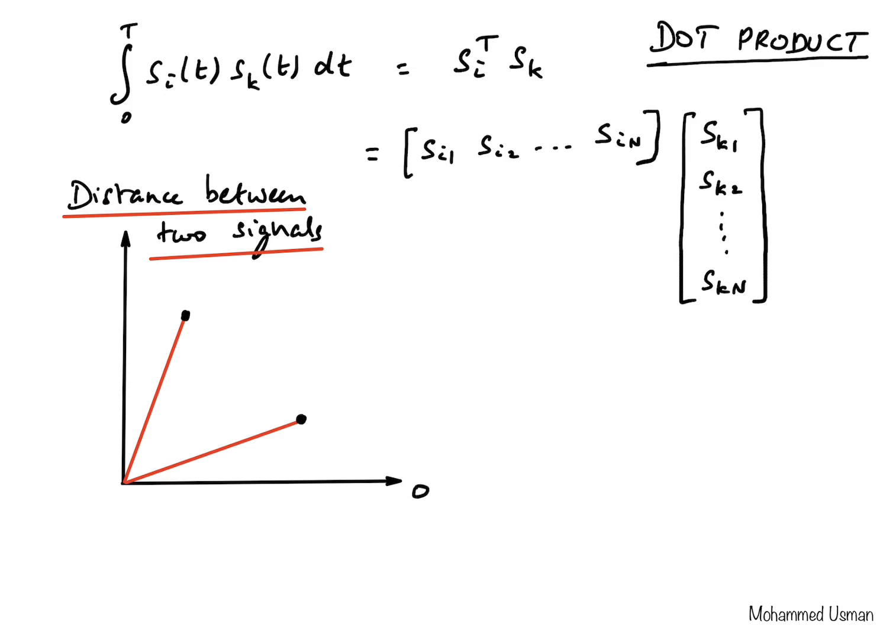So if this is our phi 1 of t and this is phi 2 of t, then we'll have the coordinates as s11 comma s12, and for the second signal it is s21 comma s22. So that will be the coordinates of the points which are representing the signal s. I'm just doing the example for two dimensions. Or basically we can say this as x1 y1 and x2 y2, right?